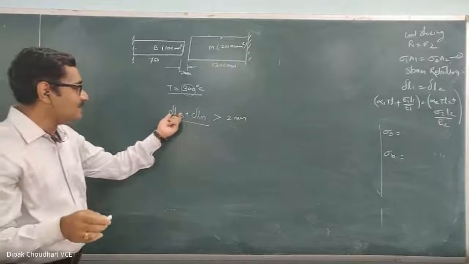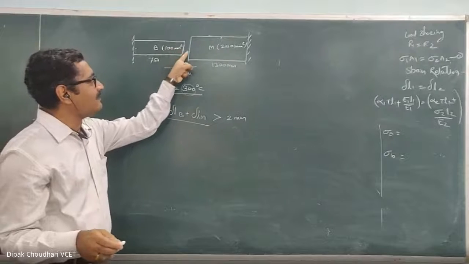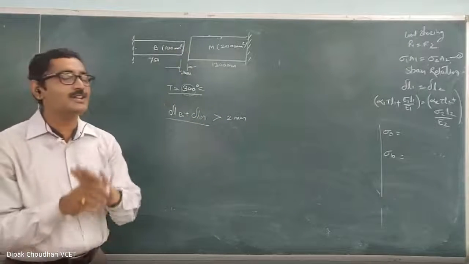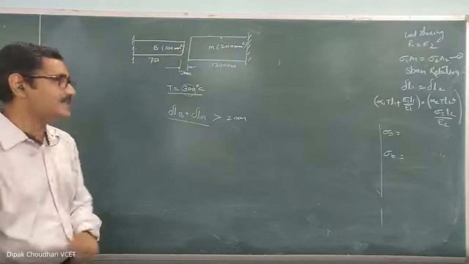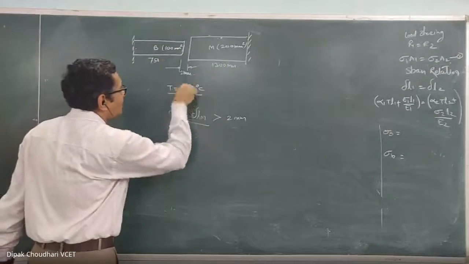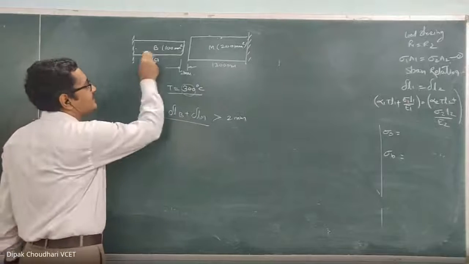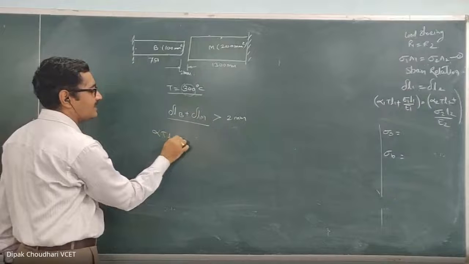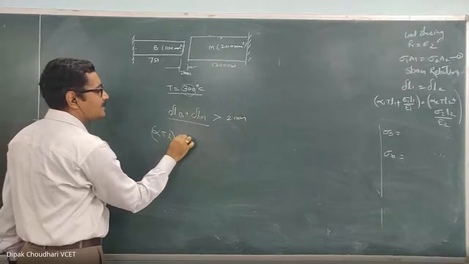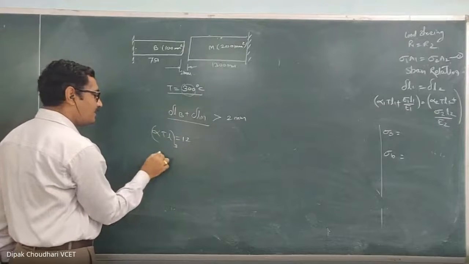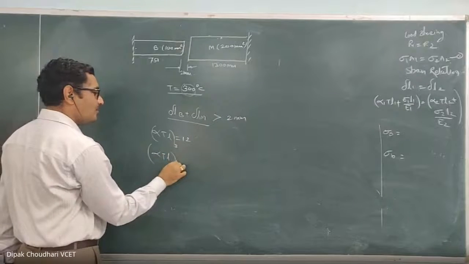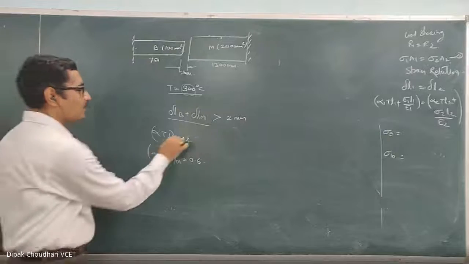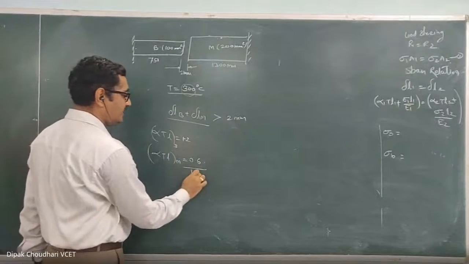If the summation of the deformation of brass and magnesium is greater than 2 millimeter, then only the stresses will be induced, otherwise not. For example, suppose because of the change in temperature of 300 degrees Celsius, the free elongation alpha TL for the brass comes to 1.2, and alpha TL for magnesium comes to 0.6. So how much is the summation? It is 1.8.